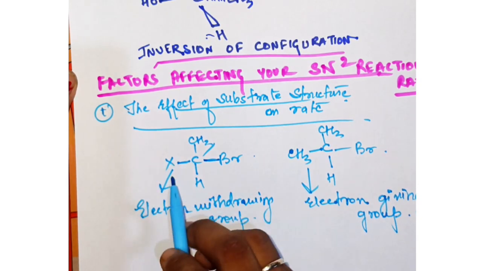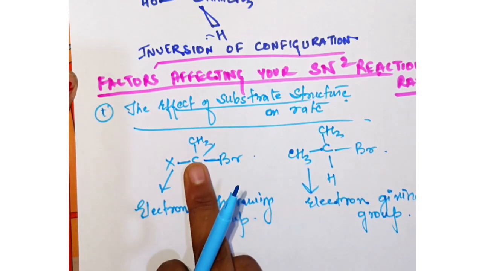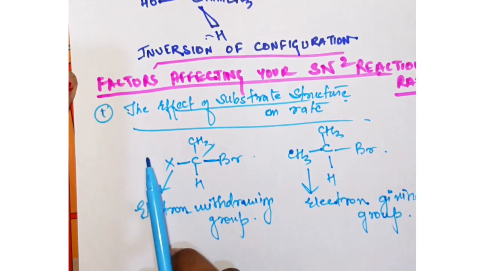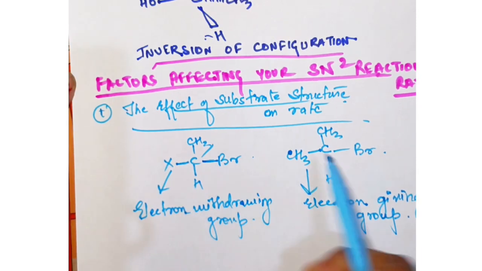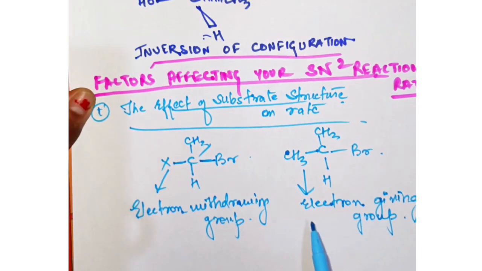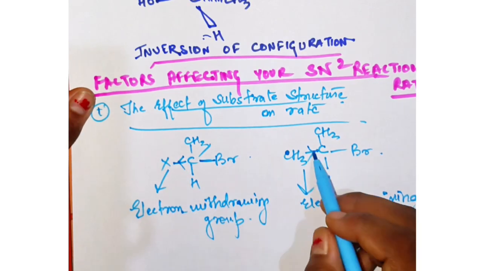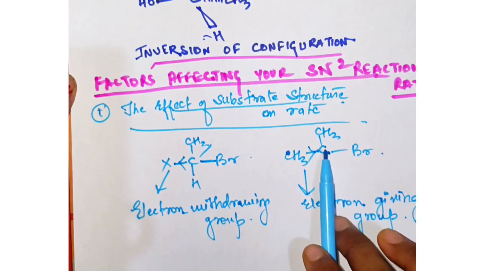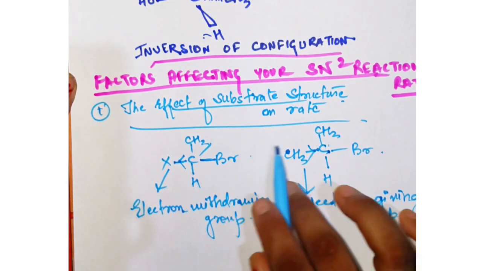Then the nucleophile, which is electron rich, can come and easily give electrons to the carbon, so the reaction is easily done. Whereas in case of an electron giving group, the carbon is already getting electrons, so nucleophilic attack from the other side becomes very difficult.